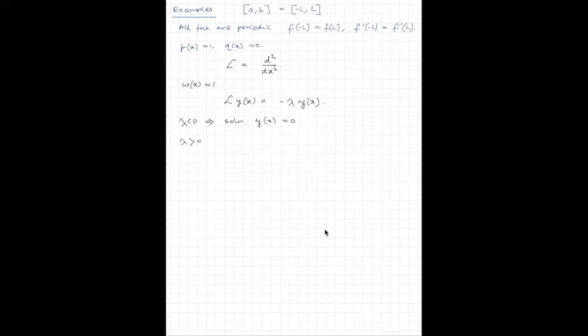If lambda is greater than 0, then there is a basis of solutions given by yn(x) equal to the exponential of i n pi x over L, for lambda equal to (n pi by L) squared, where n is an integer. Now, this is simply just the Fourier series.